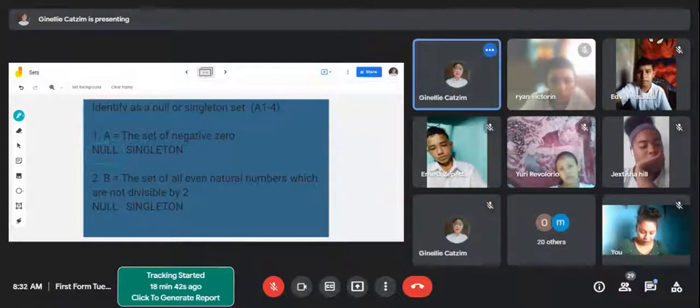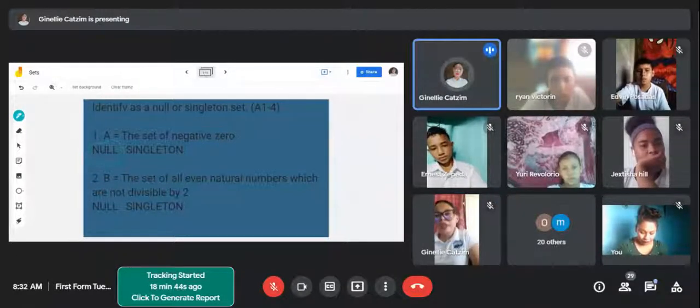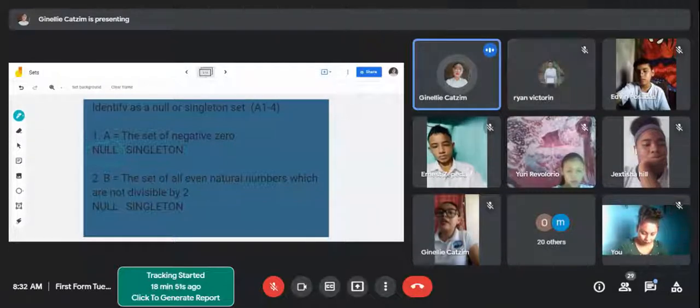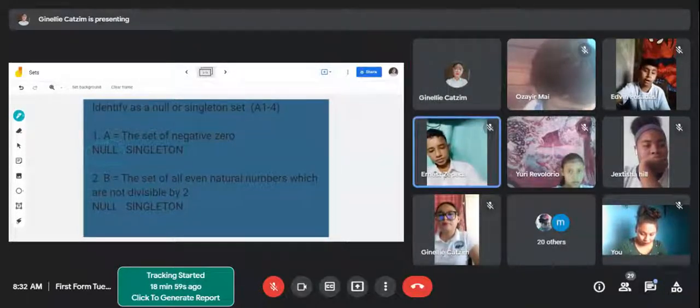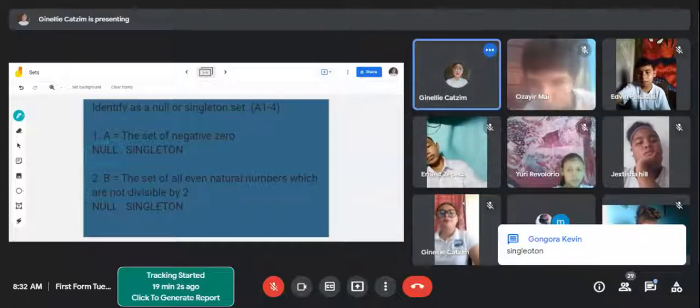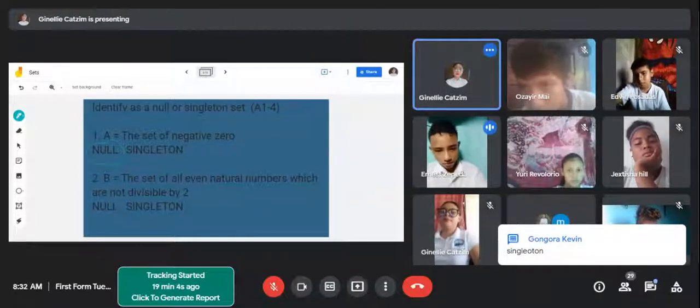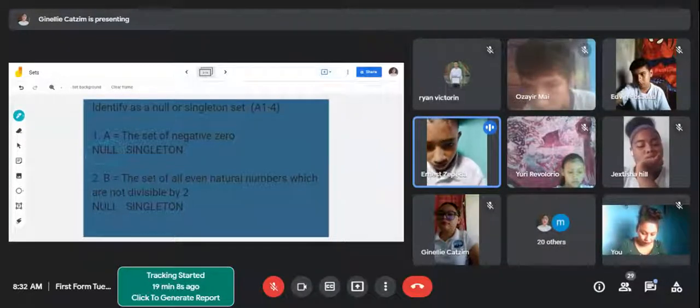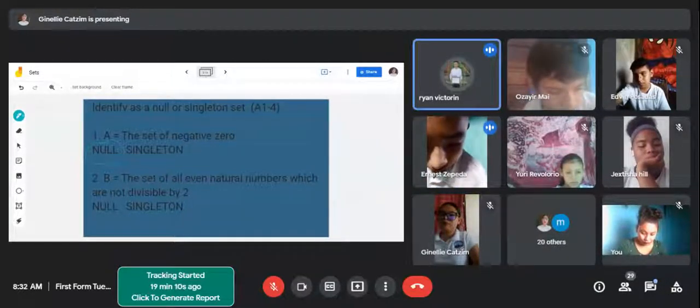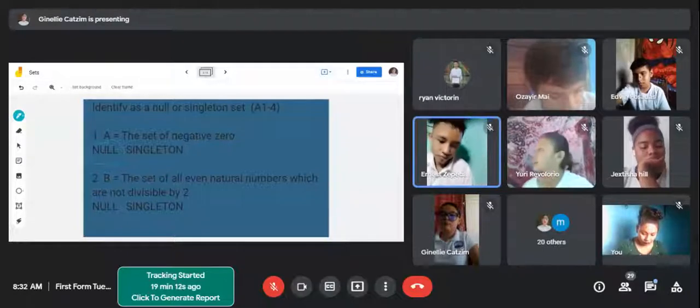You have to think. It's very easy if you remember what even numbers are. The set of all even natural numbers which are not divisible by 2. So what do you think? Is that a null or a singleton set? Singleton, miss. Why singleton? Because when you read it, it says the set of all even natural numbers which are not divisible by 2. As a unique set, I think.